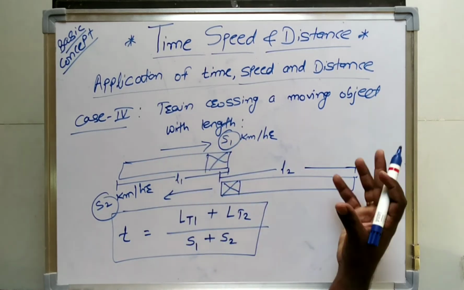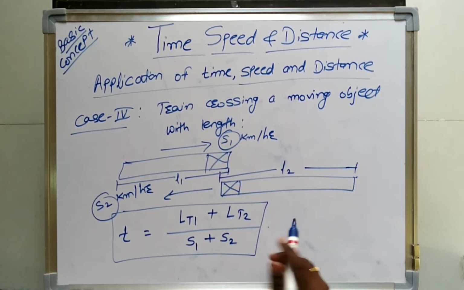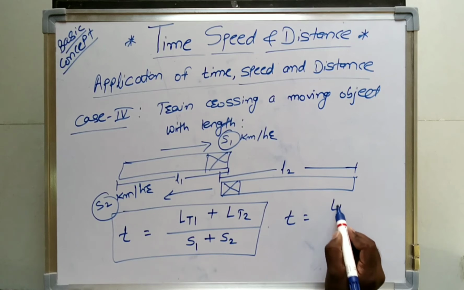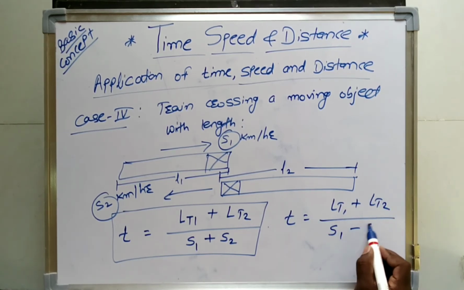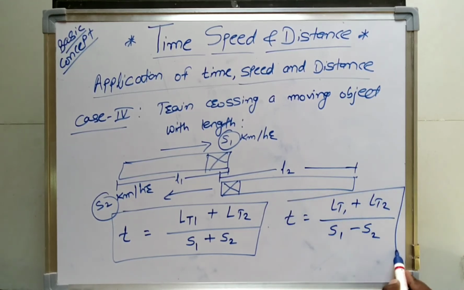If they are moving in the same direction, then the time will be length of train 1 plus length of train 2 divided by S1 minus S2. This is the formula to calculate the time required to cross each other.